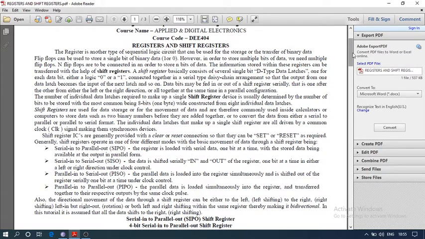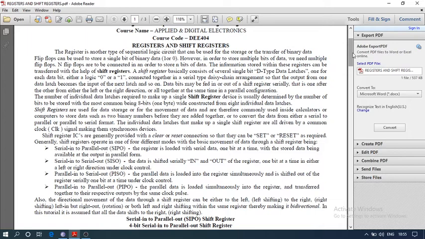Registers in which the data is entered and or retrieved in serial form are referred to as shift registers, that is, shifting the data from one side to another side. Another register is called a storage register, which is basically PIPO, parallel in parallel out. So data is stored in a single flip-flop, and it goes to the output.